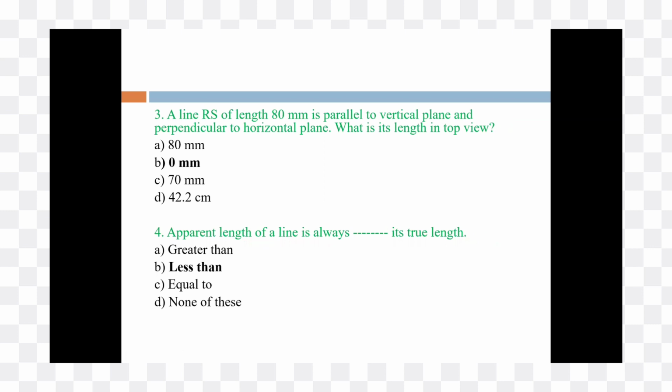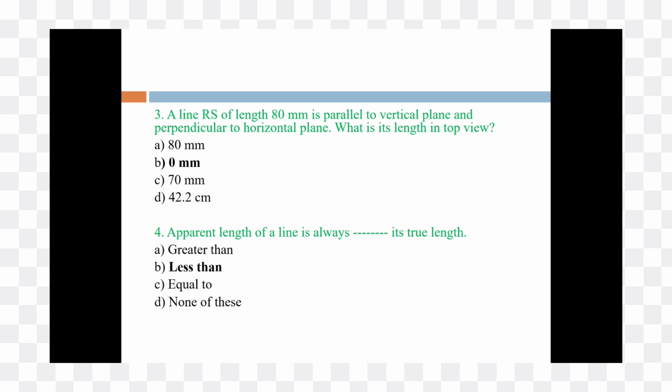Third one: a line RS of length 80 mm is parallel to the vertical plane and perpendicular to the horizontal plane. Then what is its length in the top view? Now if we check here, the condition is the same as we saw in the second question. So what just changed here?